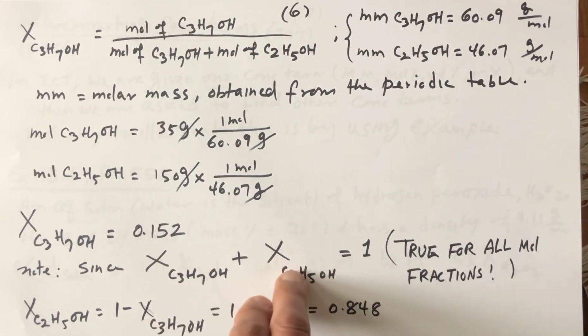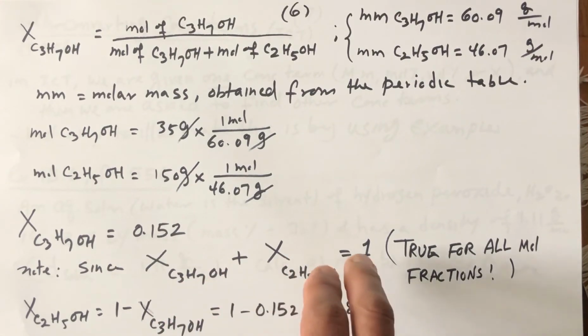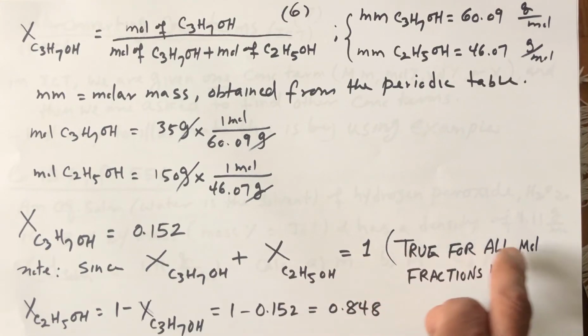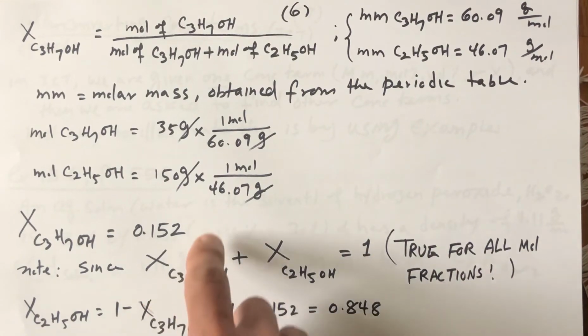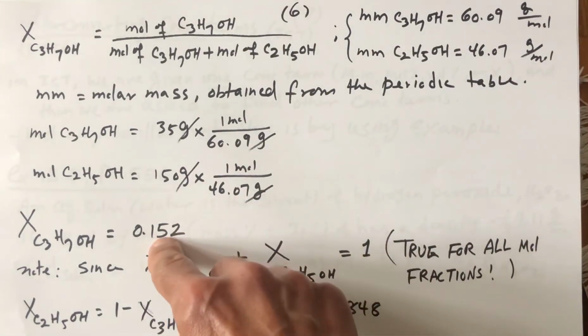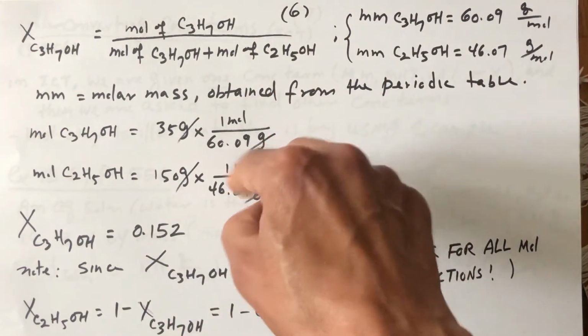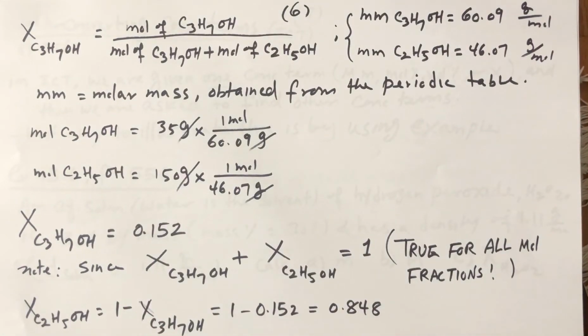Now, one important thing about the mole fraction calculation is that the sum of the mole fractions of all the components in a given solution must be equal to 1. This is true for all mole fractions, because after all, they are fractions. Fractions add up to give you 1. So if you calculate the mole fraction of one component, which we calculated to be 0.152 by substituting these numbers in this equation, then the other component is going to be 1 minus the mole fraction of the component that you just calculated.